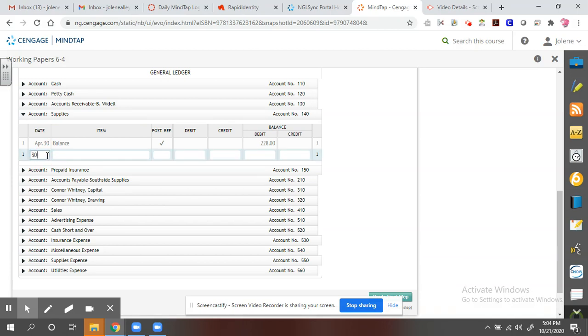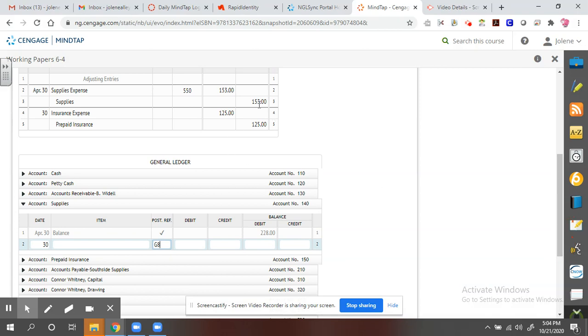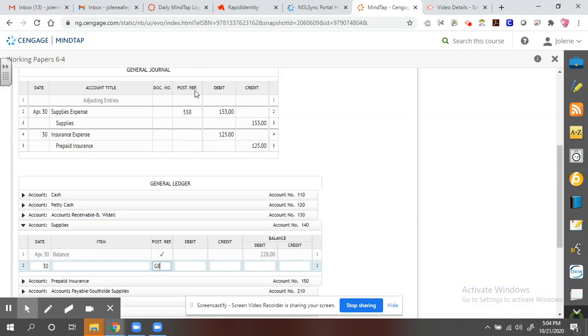This is the 30th again, and again I'm taking this from my general journal, page 8. It's a credit for supplies, a credit for 153. Now, I already have a balance of 228 in there. Debits and credits cannot mix.